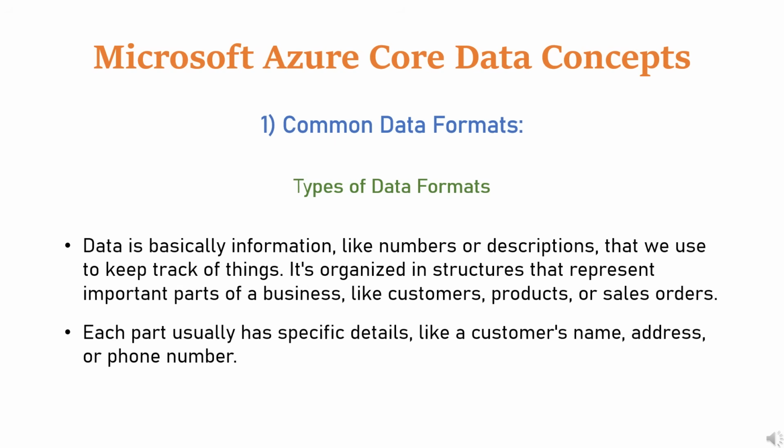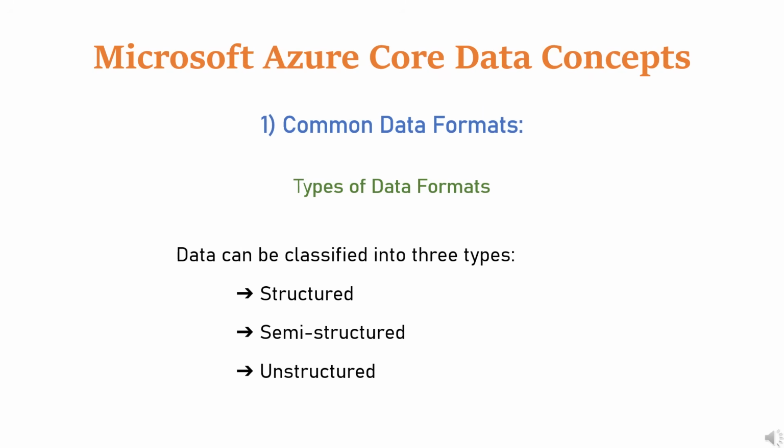Data is basically information like numbers or descriptions that we use to keep track of things. It's organized in structures that represent important parts of a business like customers, products, or sales orders. Each part usually has specific details like a customer's name, address, or phone number. Data can be classified into three types: structured, semi structured, and unstructured.